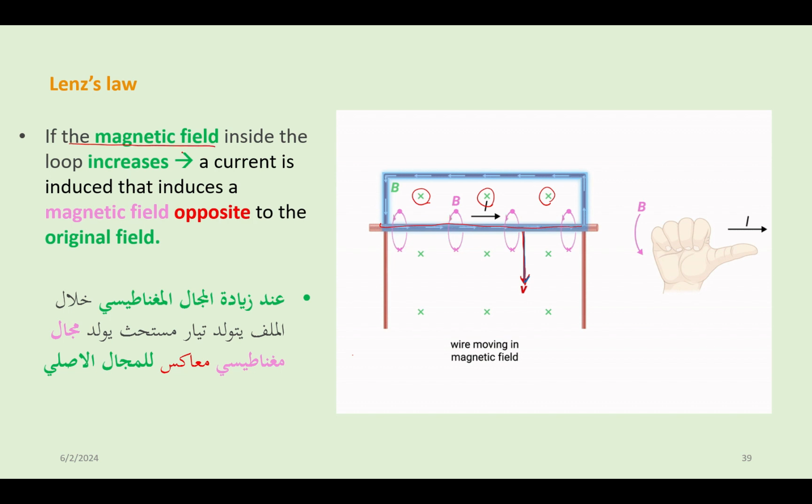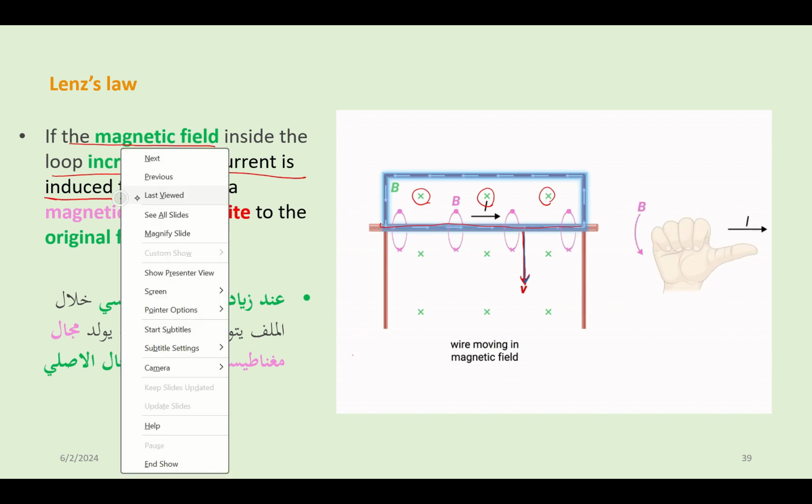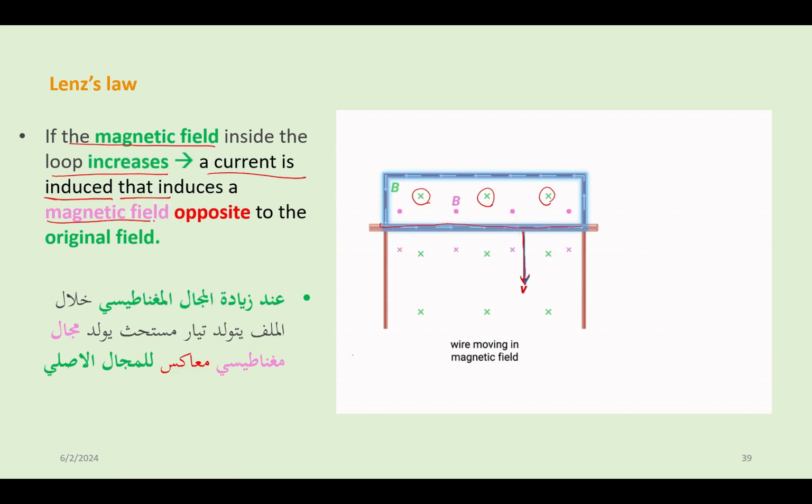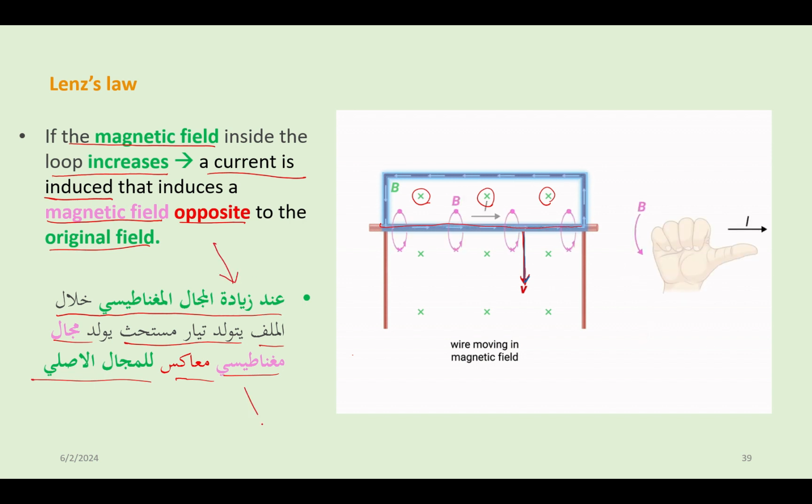If the magnetic field inside the loop increases, a current is induced according to Faraday, and this current induces its own magnetic field, and this magnetic field is going to be opposite to the original one. So when the magnetic field through the coil increases, an induced current is generated that produces a magnetic field opposite to the original field. So the original field increased, and a magnetic field opposite to the original field was generated.